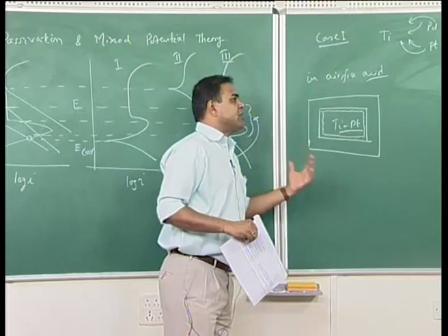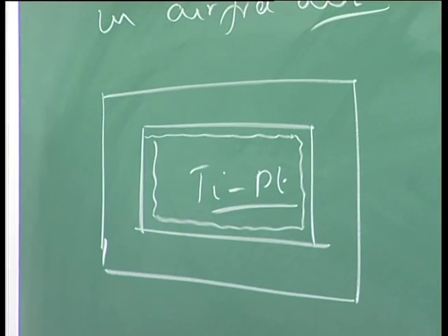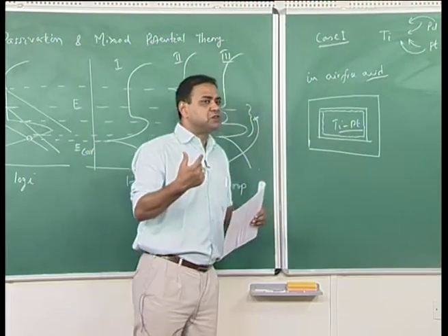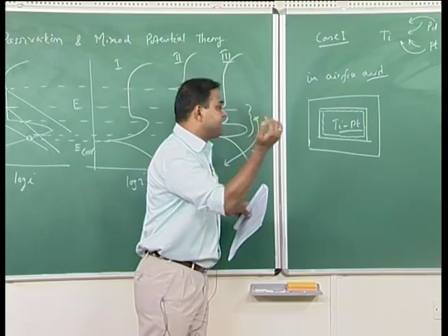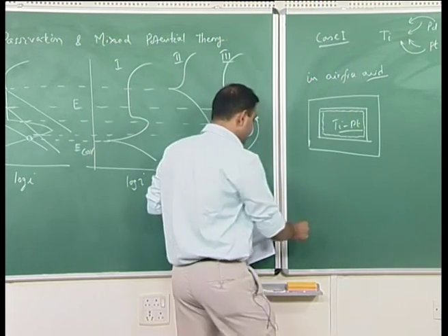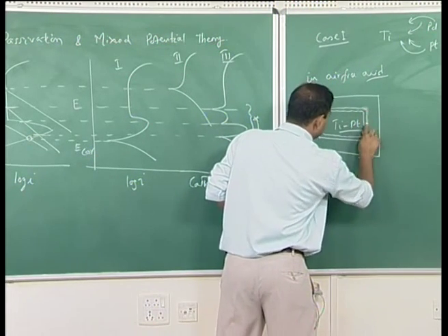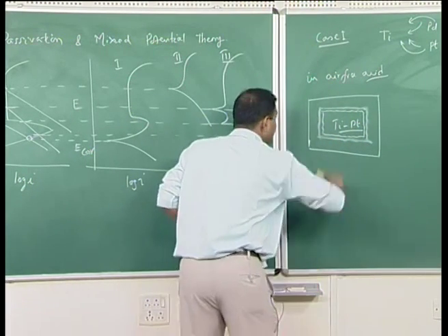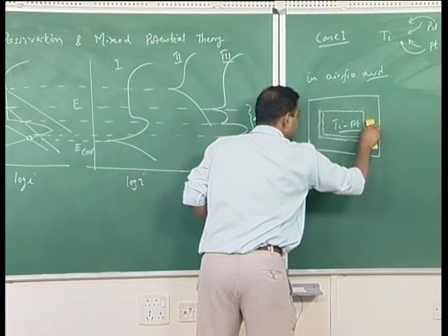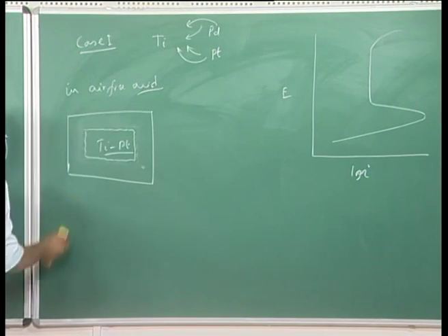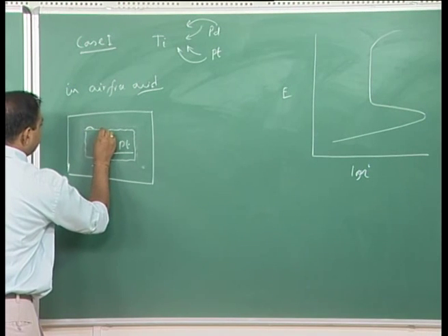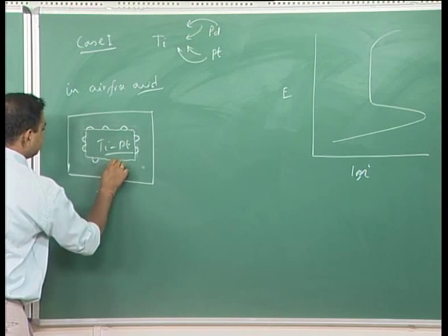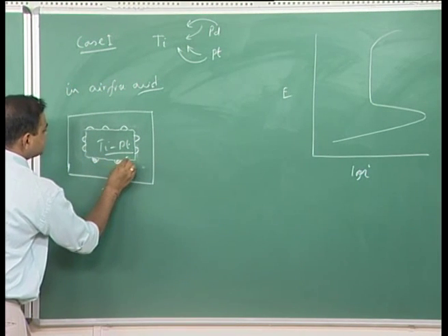It is a kind of de-alloying phenomenon that will take place, where initially both will dissolve, but later on, since platinum has higher reduction potential, it will again redeposit back. So, in the beginning there would be uniform corrosion, and after some time there would be platinum enriched zones. These are basically platinum enriched zones.